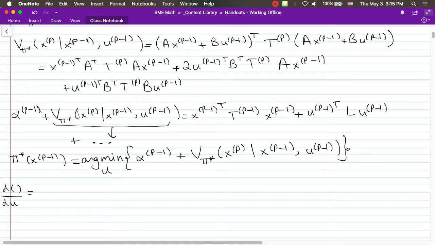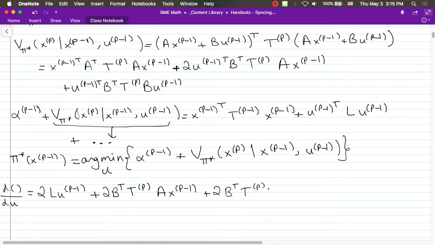All right, so let's start with this. 2 times L u of p minus 1 plus this becomes 2 times B transpose T A x of p minus 1 plus this one, 2 times B transpose T of p B u of p minus 1.